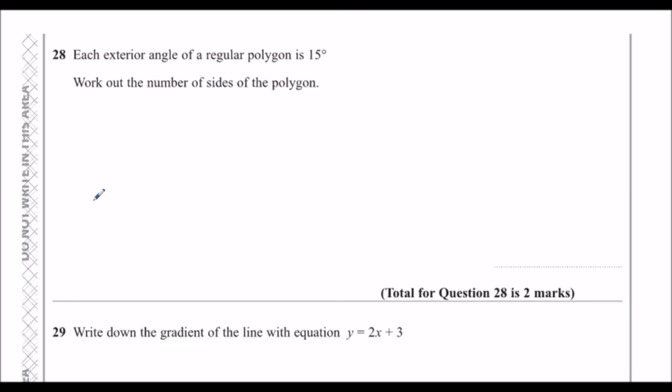Question 28. Each exterior angle of a regular polygon is 15 degrees. Work out the number of sides of the polygon. So the exterior angle, so 360 divided by how many sides a shape has got, for a regular polygon, 360 divided by the number of sides equals the exterior angle.